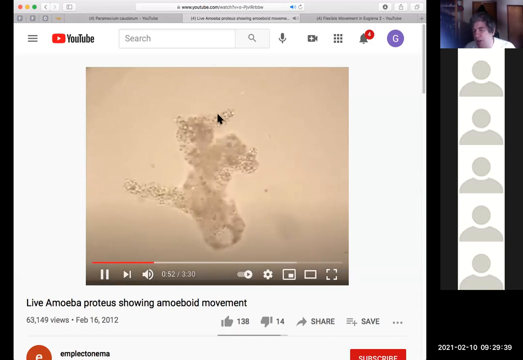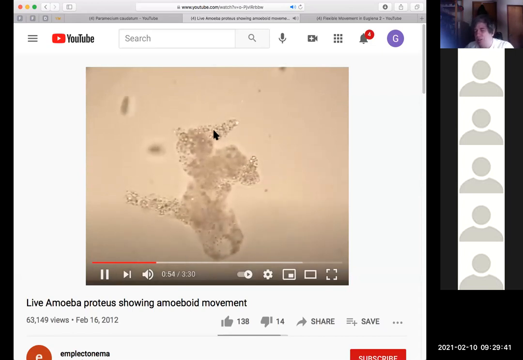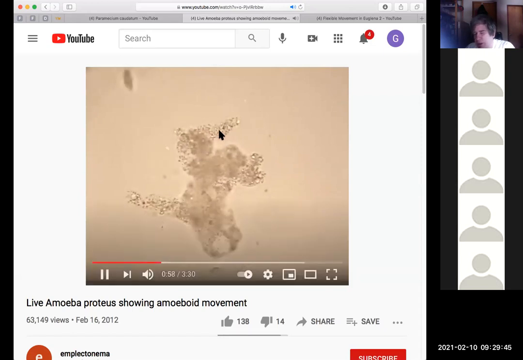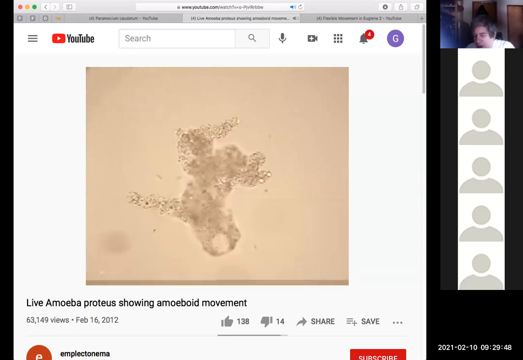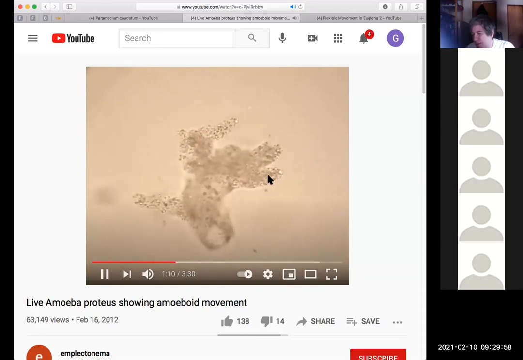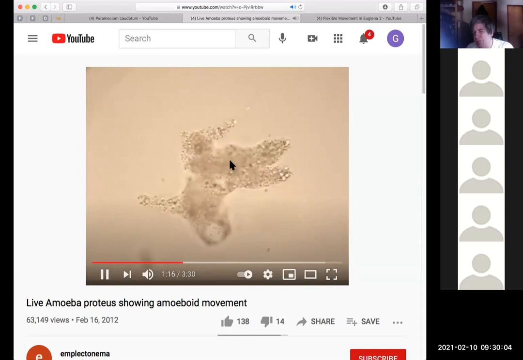And I'll give you these links so that you can look at them and hopefully see them better on your screen than going through a couple of screens to get to them. So you can see part of the pseudopodia pushing out over here to the right. I don't know if you can see the particles in there, but hopefully you can see the overall movement as it goes towards the right.